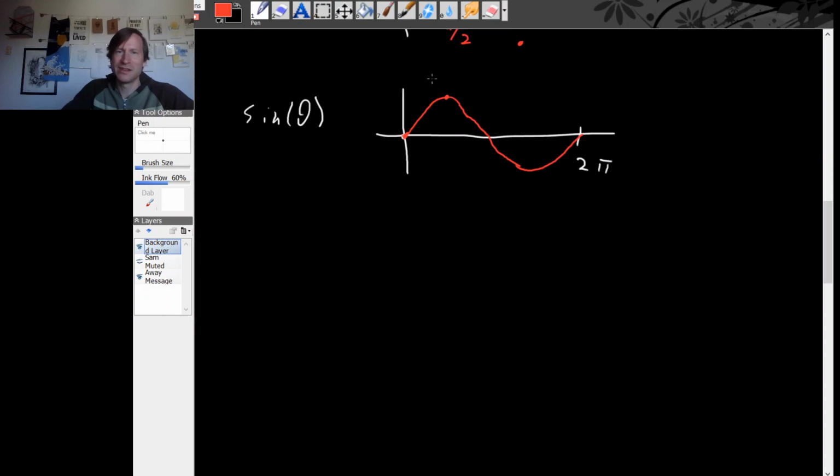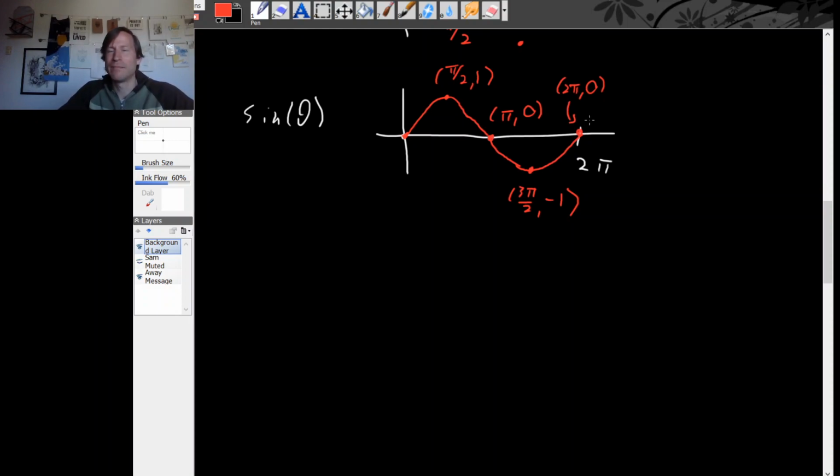This top point is at pi over 2 comma 1. This middle point is at pi comma 0. This bottom point is at 3 pi over 2 comma minus 1. And then we get back to 2 pi comma 0 right here.